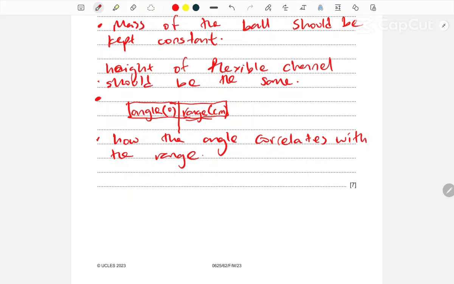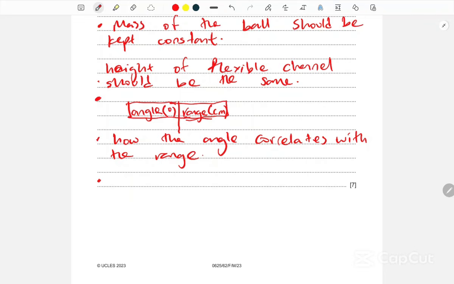So if the angle increases and the range also increases, that means they are directly proportional. But when the angle increases, if the range decreases, that means they are inversely proportional. So this is what we write, and this is how we come up with a conclusion.